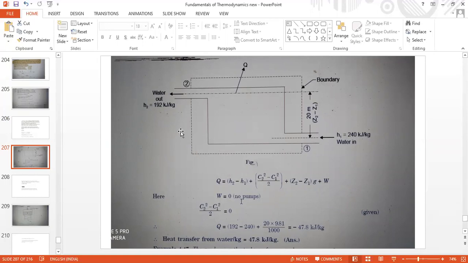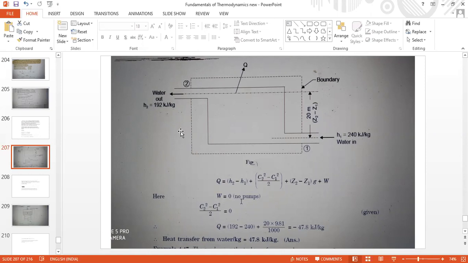And if a problem does not have any figure, then you have to draw the figure as per your understanding and substitute the numericals given in the problem, and in that way a steady flow device can be understood.